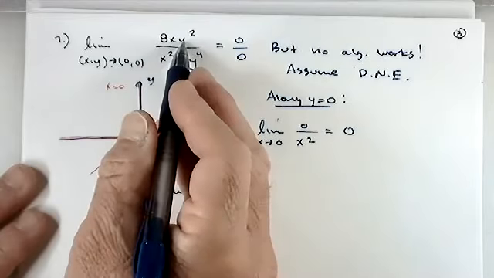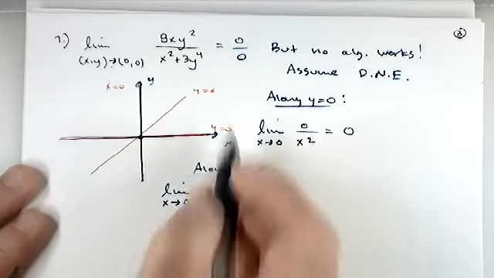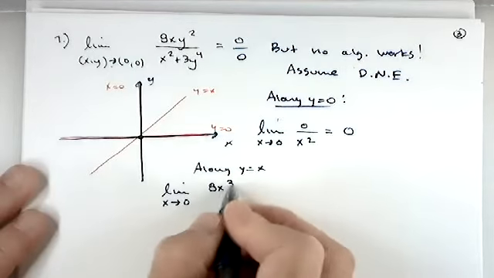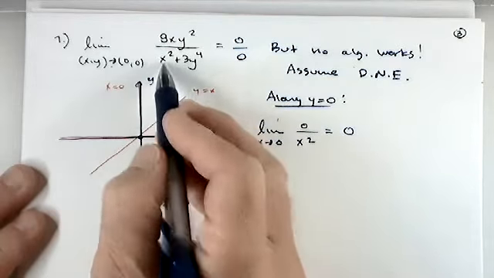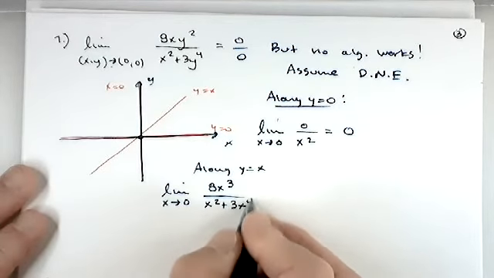I'm just going to be plugging this in my head, and turn this into x approaching 0. If y is x, this numerator is going to be 8x cubed, and the denominator is going to be x squared plus 3x to the 4th.